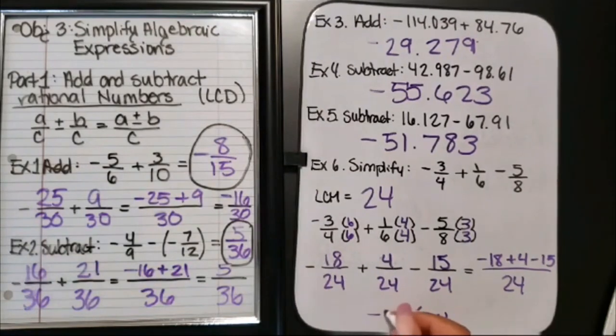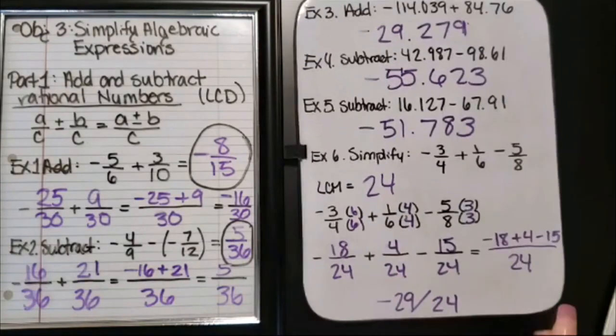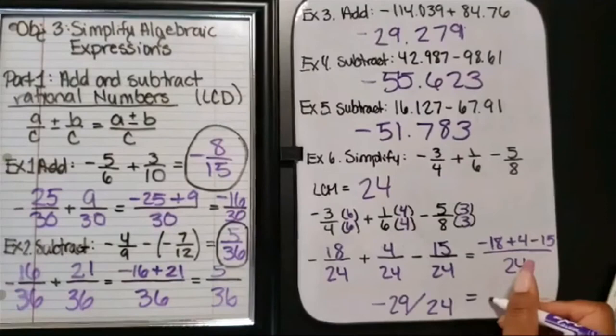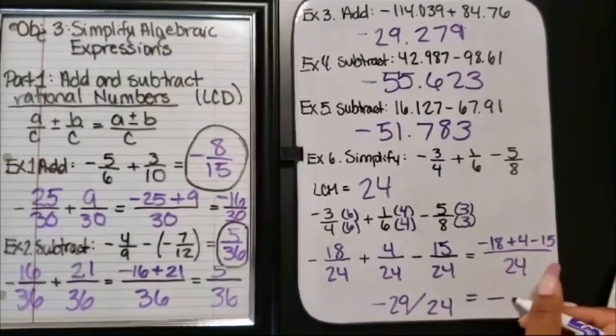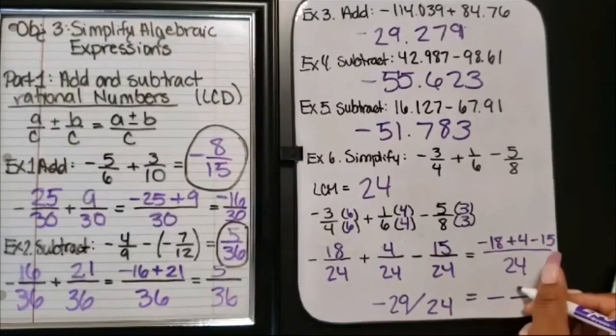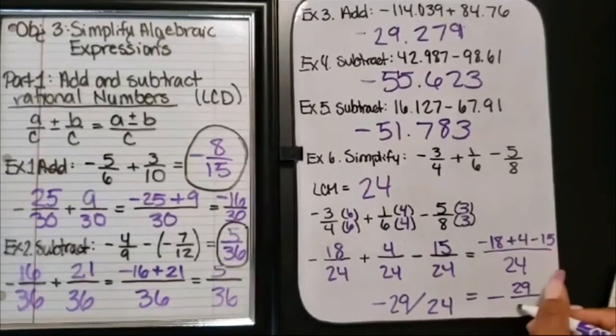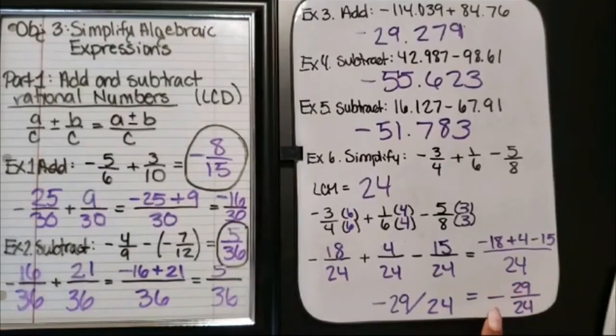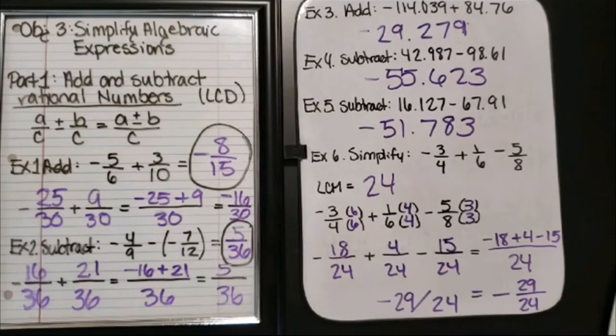Should have gotten -29 over 24. All right. And you can rewrite it. You can put the negative outside of the fraction bar. And you can write your answer like this: -29 over 24.